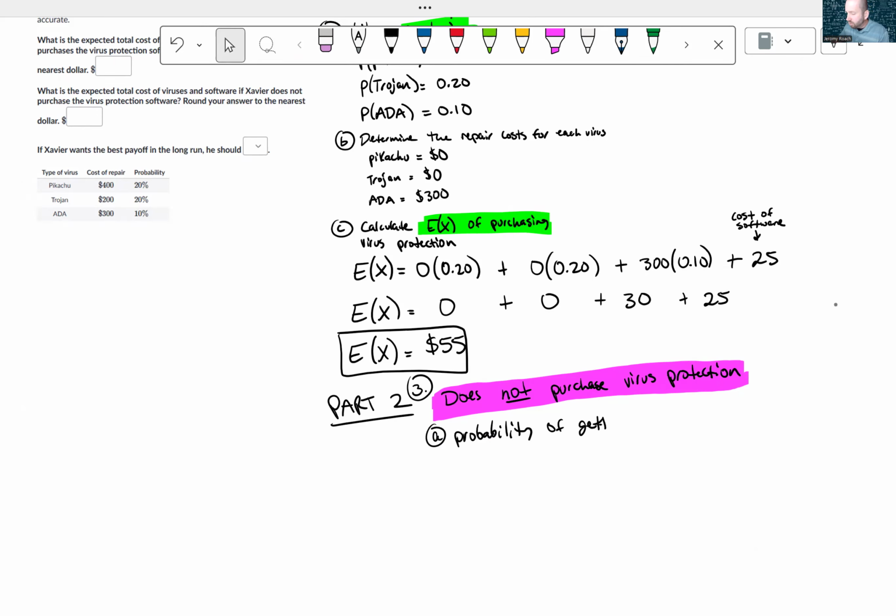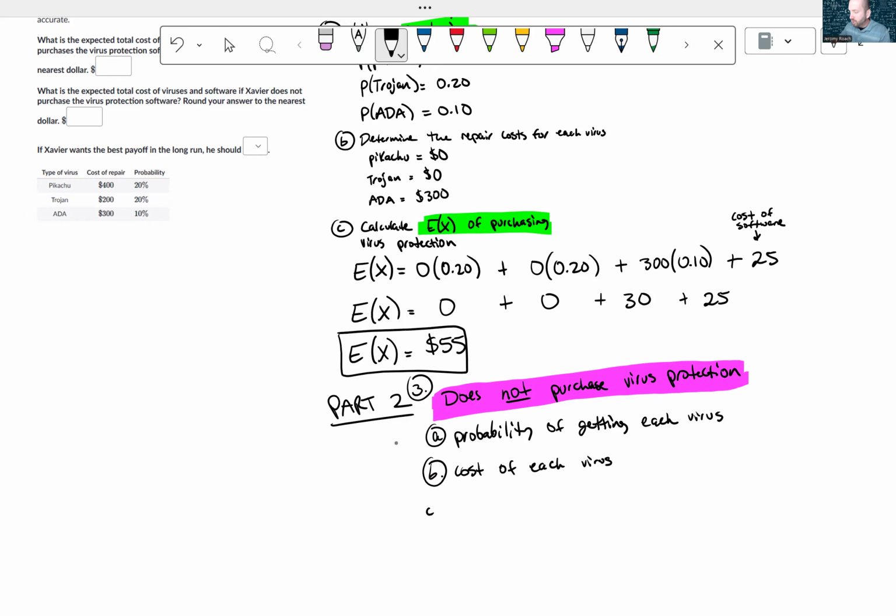So I'm just writing down what we're doing for our steps. Probability of getting each virus, which is written right here. And then the cost he would have to pay for the Pikachu virus. He would have to pay for the Trojan virus, and then he would still have to pay for the ADA virus. If he had no virus protection, that's how much it would cost him. So B, we're just going to say the cost of each virus.